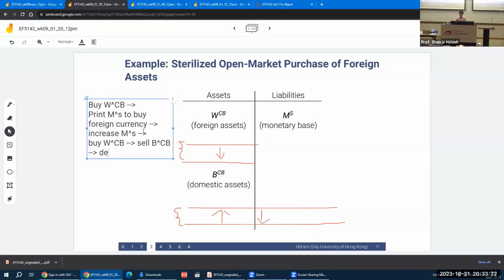Which leads to a decrease in MS, right? So the net effect is MS star decrease, right? So this is kind of a takeaway.